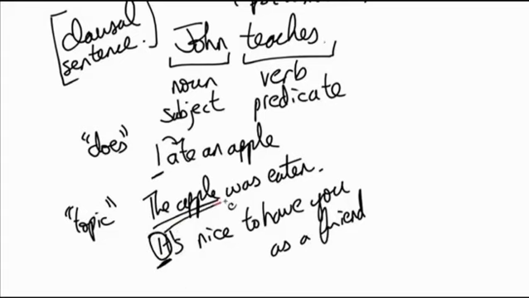Well, actually, it looks forward to this verb here, to have, right? Another way of saying this sentence is, having you as a friend is nice. All right, so I guess having you as a friend is the topic of this sentence, but still it's kind of confusing to have this pronoun stuck out front.